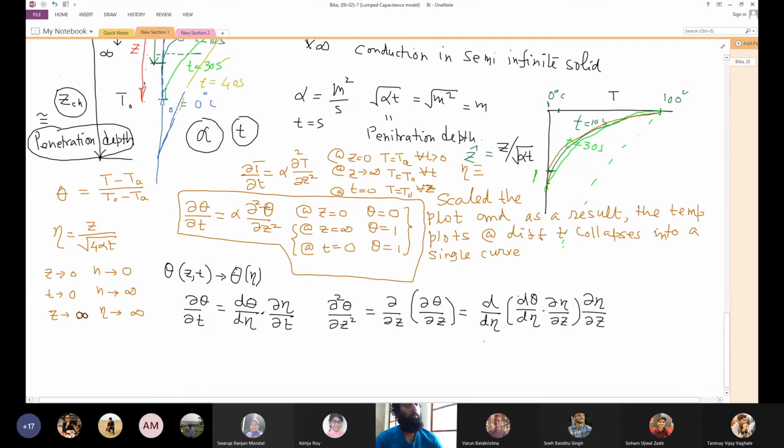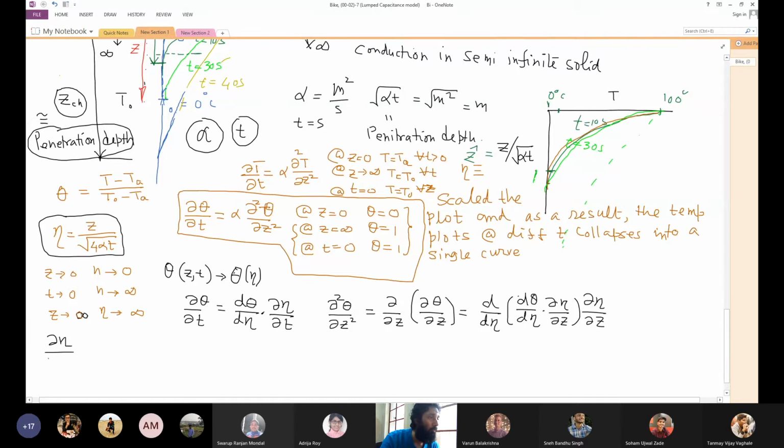So we have written the derivatives in this form. Is this step clear? Yes, sir. Okay. So now from this definition of eta, let us get these terms.